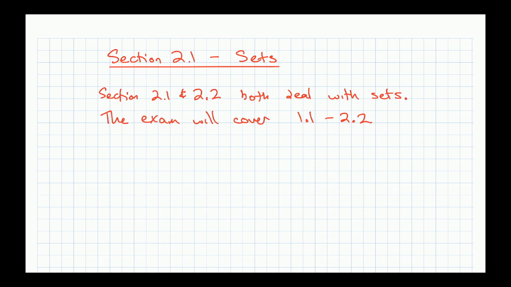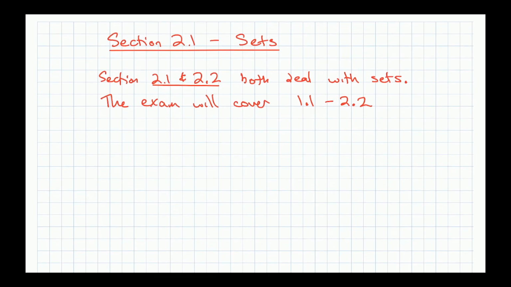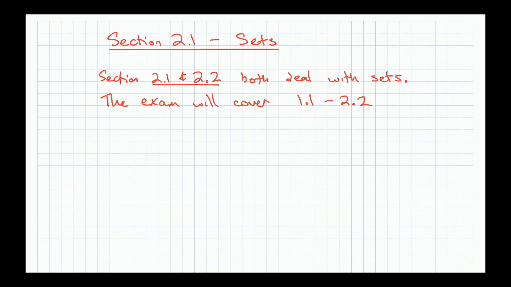And again, the point about 2.1 and 2.2 is that that's all we're really covering right now from chapter 2, probably, unless I try to do 2.4. But anyway, let's go ahead and get started. Also, this is a much easier topic for you guys than the stuff that we've been doing recently on proofs.